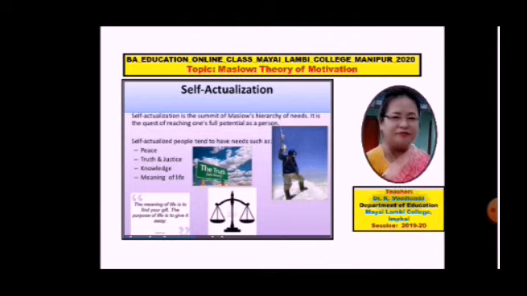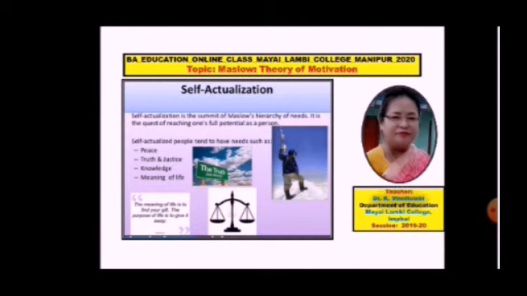So, self-actualization. Self-actualization is the summit of Maslow's hierarchy of needs. It is the quest of reaching one's full potential as a person.